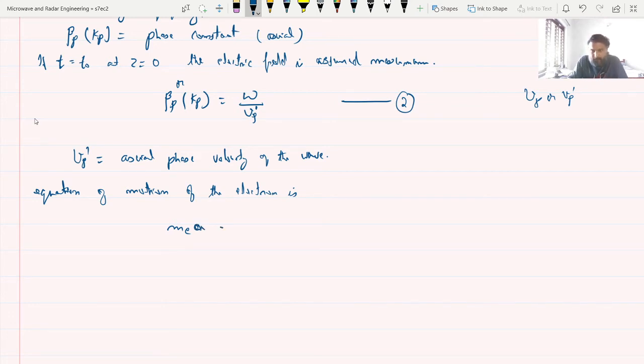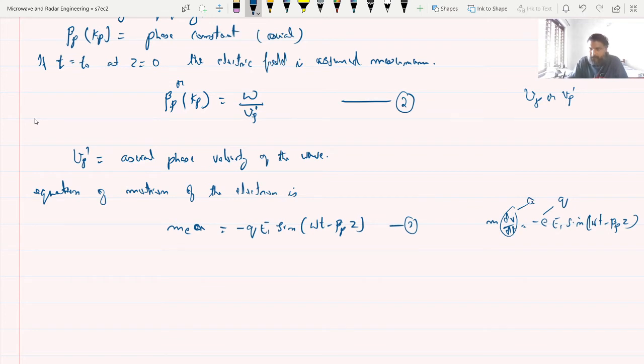A is the acceleration, which must be equal to minus q, or you can write e, small e, E1 sin(omega t minus beta p into z). Call this equation 3. In your book it is given as m dv by dt equals minus e E1 sin(omega t minus beta p of z). Both are the same. Instead of e I have written q, and instead of dv by dt I have written a, acceleration.